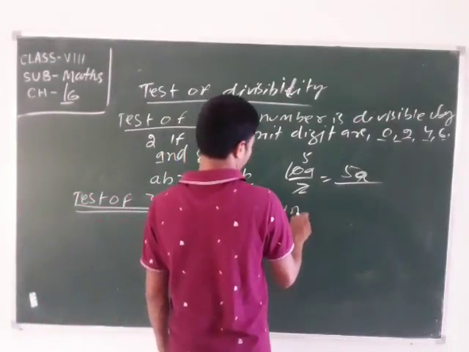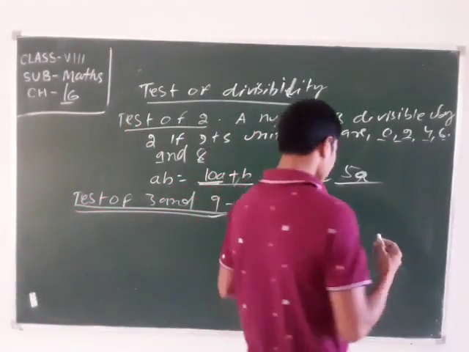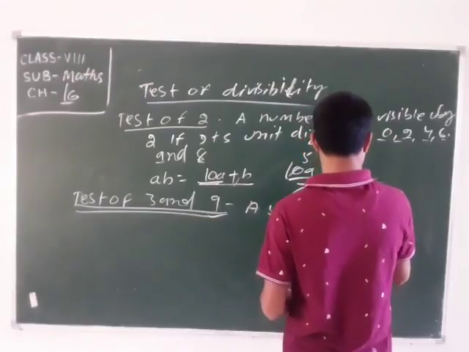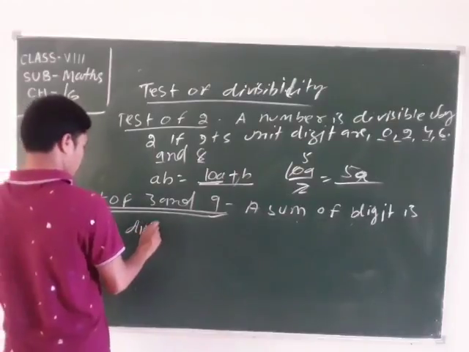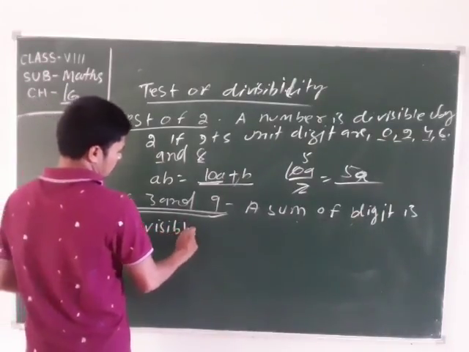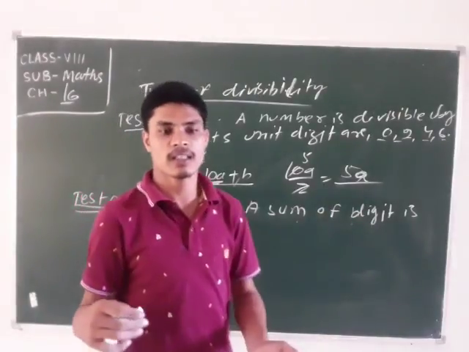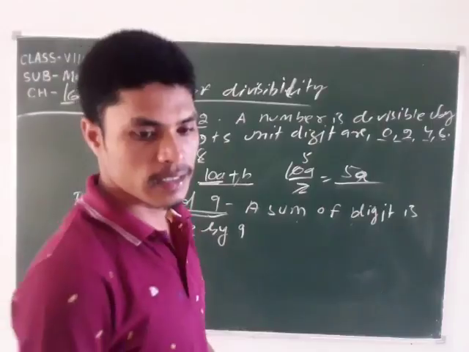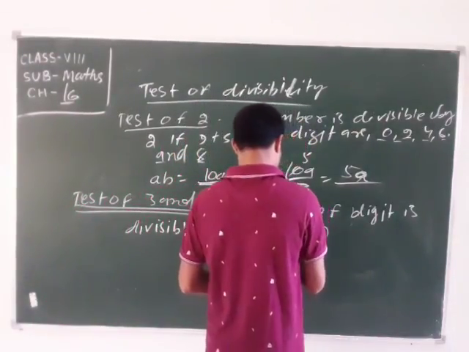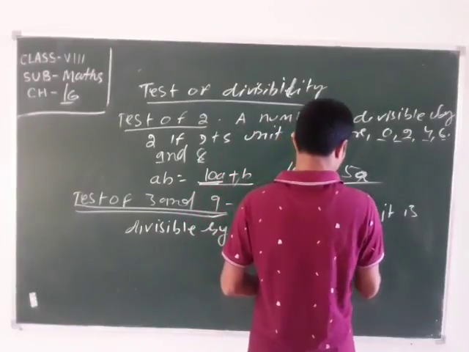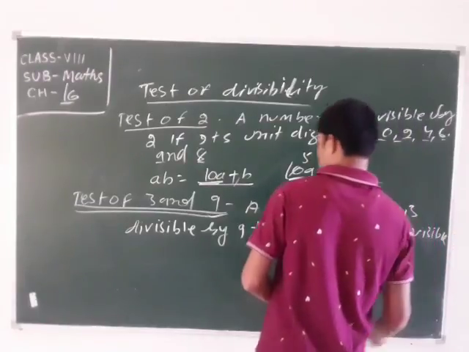The sum of the digits, that means when you add the digits, if the sum is divisible by 9, then the number is divisible by 9.